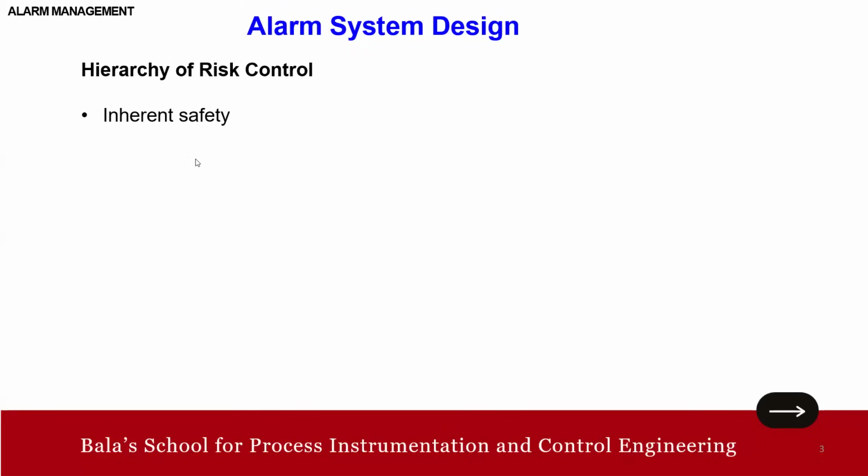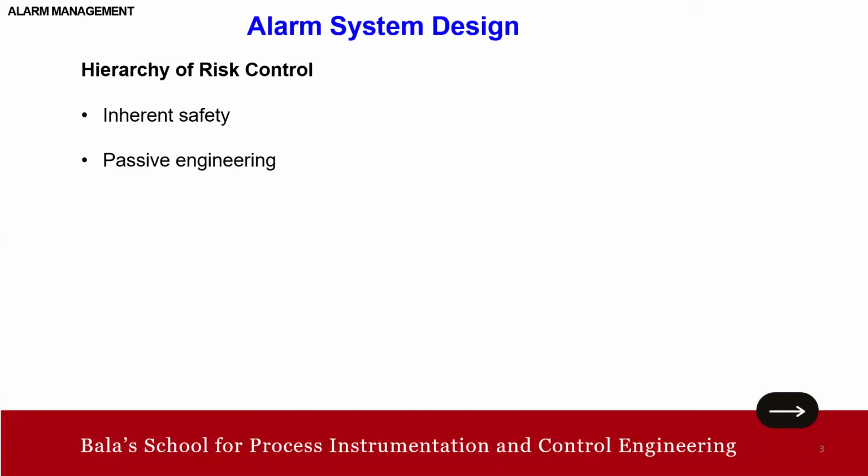Let's see. One is inherent safety, meaning we need to eliminate or minimize hazards so that there is no chance of a hazard occurring. Alarms are not required for an inherent safety system. Then passive engineering.